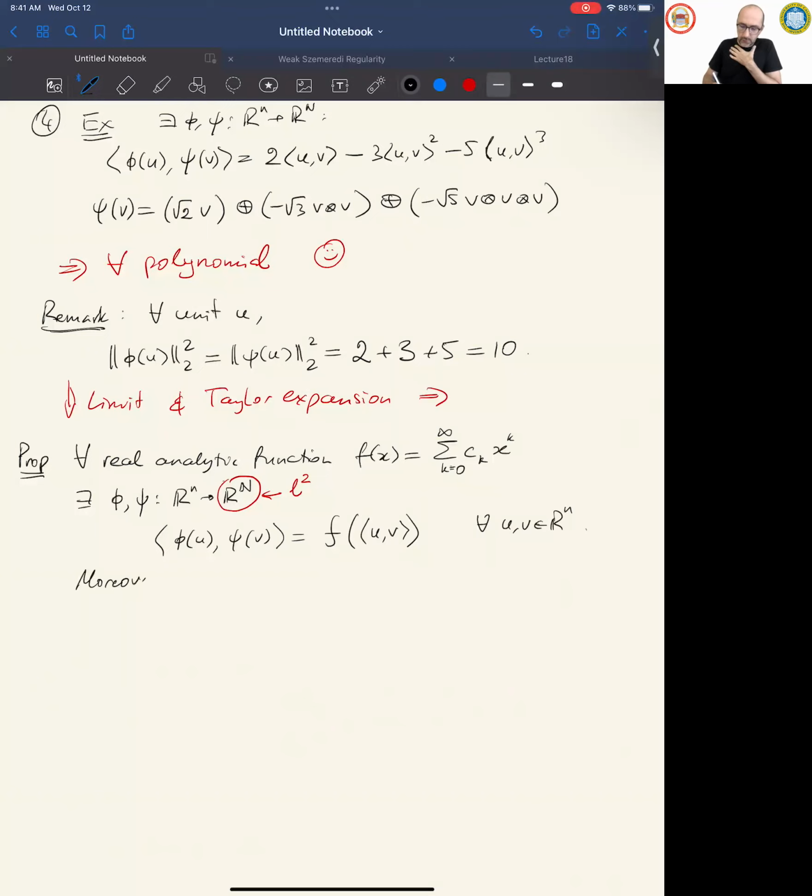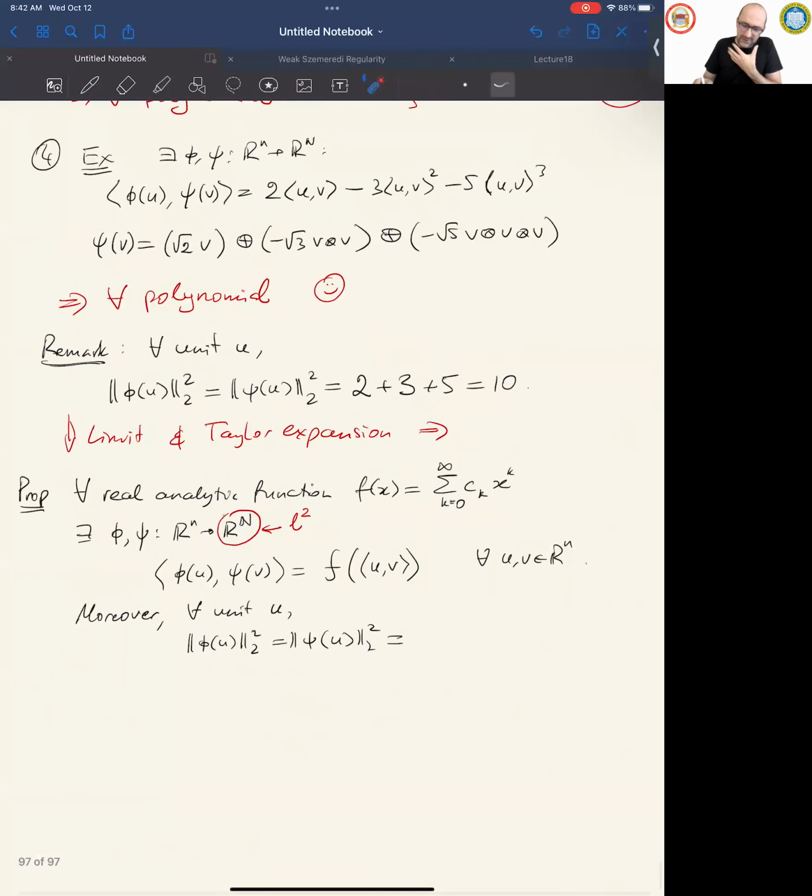And moreover, we can keep track of the norms. For any unit vector u, phi of u squared and psi of u squared. Let's just see, how did we do this?